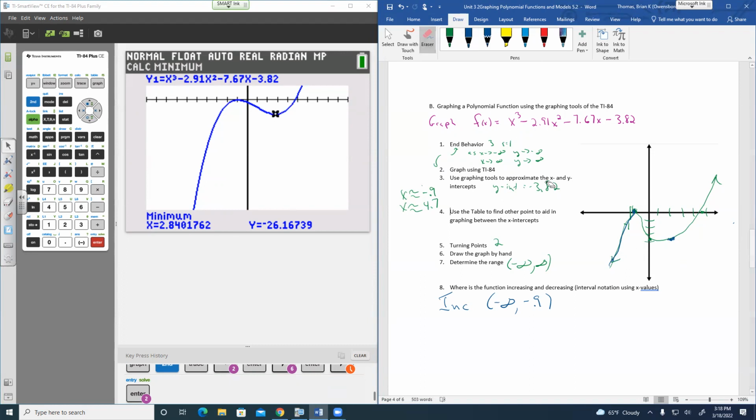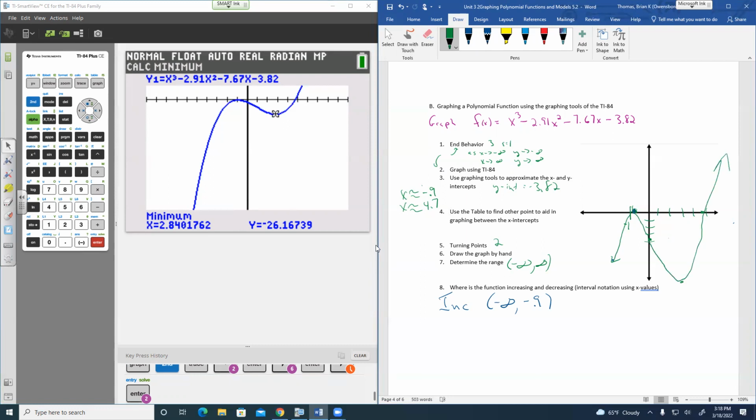Let's see here. So if I was sketching that, notice how 2.84, negative 20, it's going to be down here somewhere. So negative 2.8 is going to be about here. So it looks like this graph does more of this, it comes up here, it touches and comes back down. It crosses through that x-intercept, then it has this turning point here and goes back up.